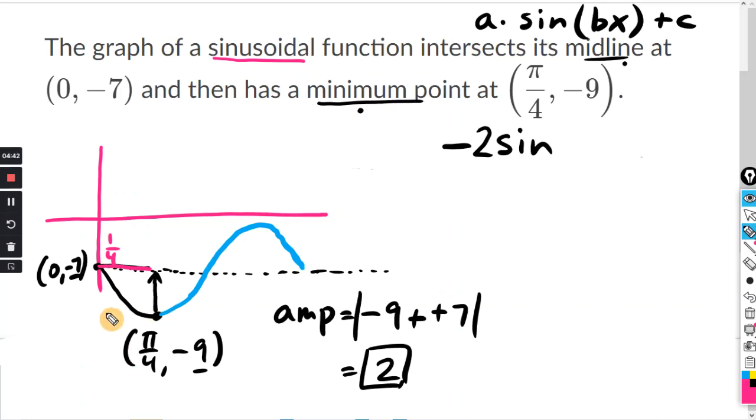So this horizontal distance, it goes from pi over 4 to 0. So pi over 4 minus 0 is just pi over 4. So 1/4 of the period is pi over 4. Therefore, the whole period is going to be pi over 4 times 4.